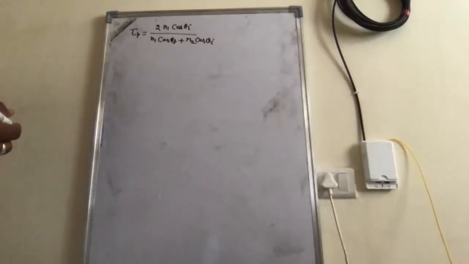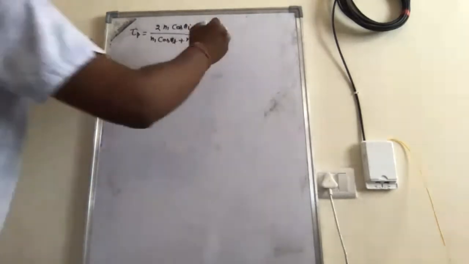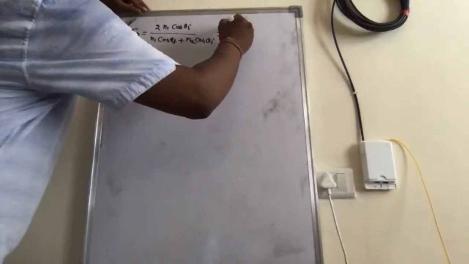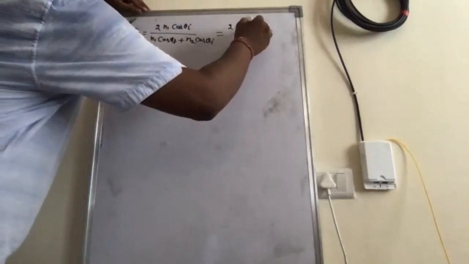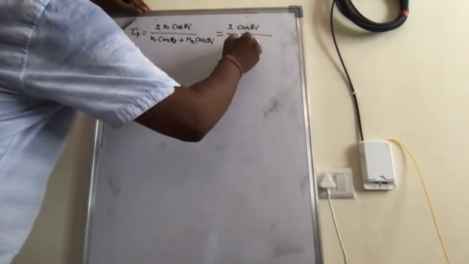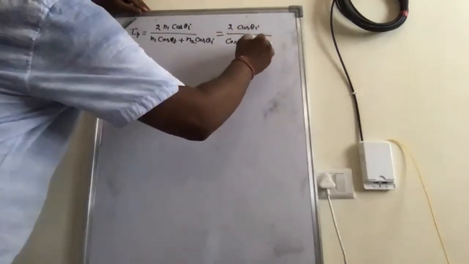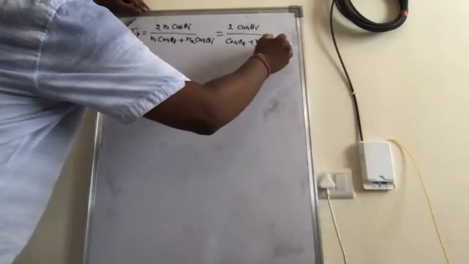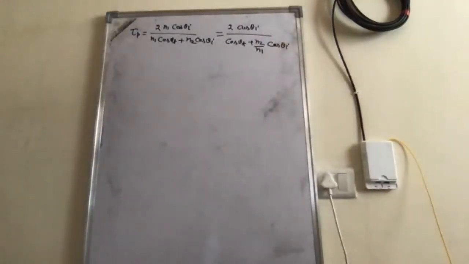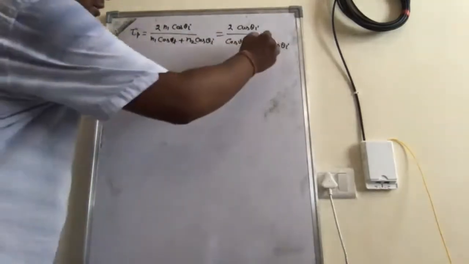So from here we can write this is equal to 2 cos theta I divided by cos theta t plus n2 upon n1 cos theta I, and again we know that n2 upon n1 is equal to sin theta I upon sin theta t.